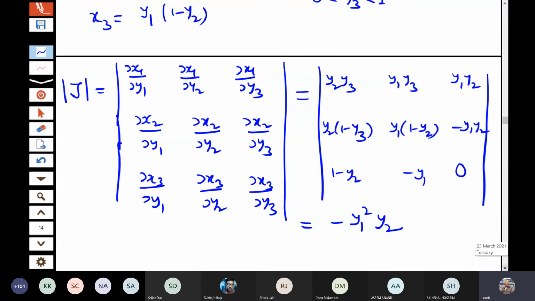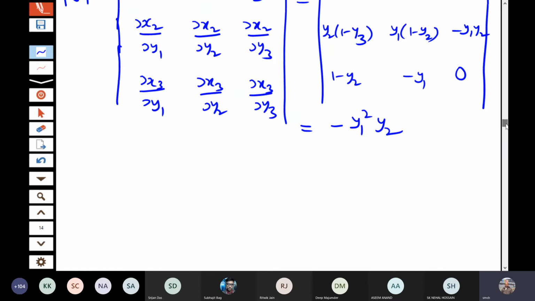So the joint distribution of y1, y2, y3 is obtained by the formula that I gave. That means in the joint PDF of x, you just substitute inverse functions and multiply by the absolute value of the Jacobian.